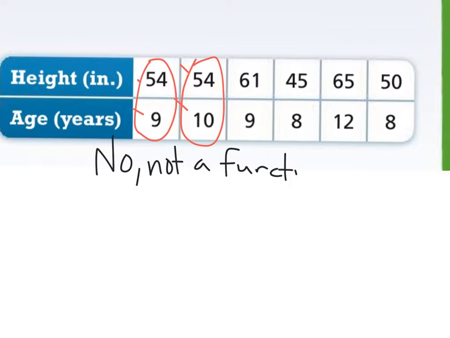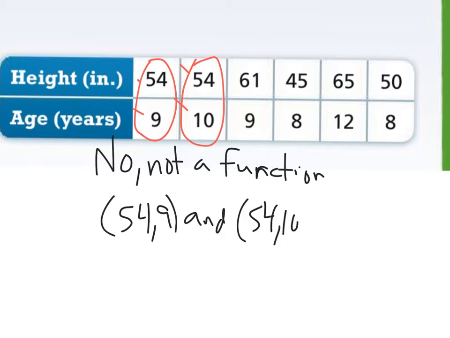Okay, and again, basically the reason for that is because we had, you could just list it as ordered pairs if you want. We had a 54-9 and a 54-10. We had 2 different outputs with the same input. So it makes sense, just because you're a certain height doesn't necessarily say you're a certain age.